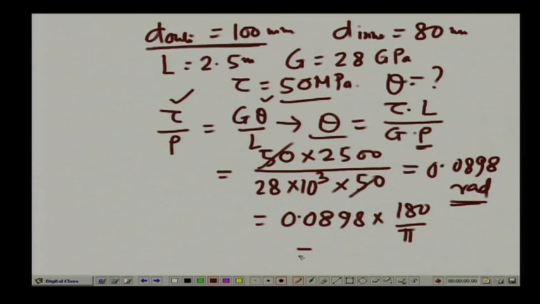So, this is 5.12 degree. So, this is the maximum rotation that we can expect when we apply the twisting moment and if we limit our stress to 50 MPa.